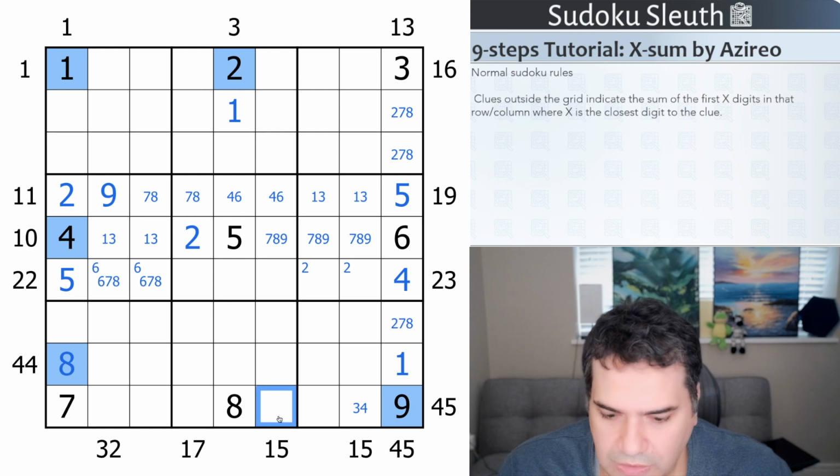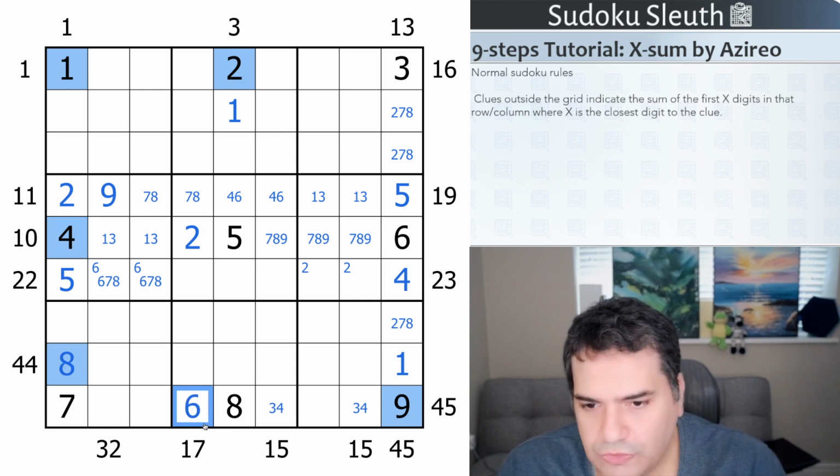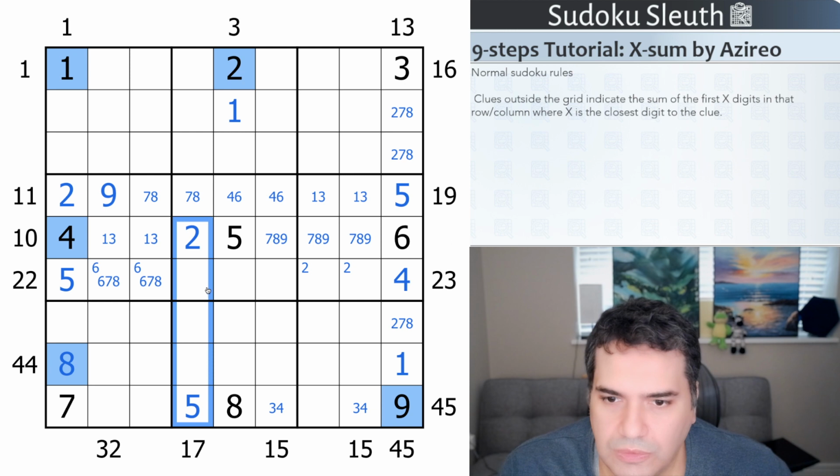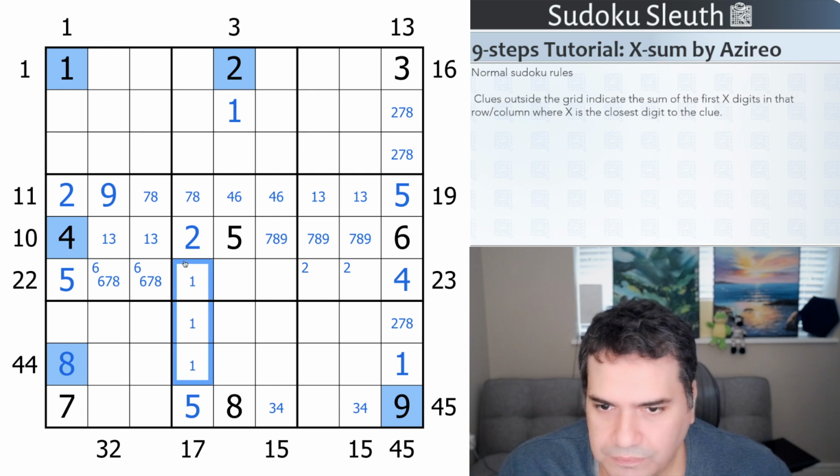Same here. This is another 3, 4, which makes this a minimum of 5, and 6 is too big because 6 would be a minimum of 21. So that's 5. And then all of these cells need to add up to, more importantly, these 3 cells need to add up to 10. So that must include a 1, because 2, 3, 5 is not available.